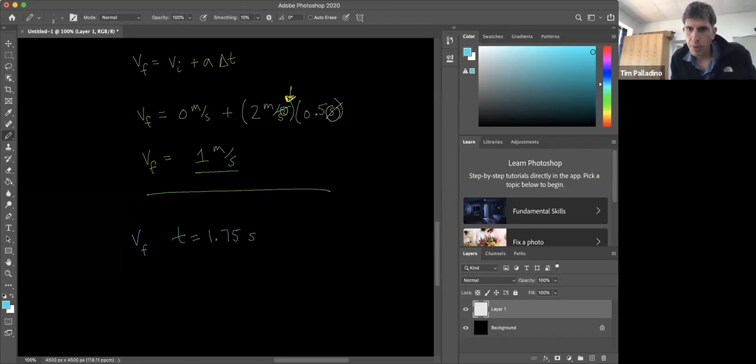I think that's what I wrote. I'd like you to use this formula and correctly identify your variables. I'll give you a hint to help you get started.